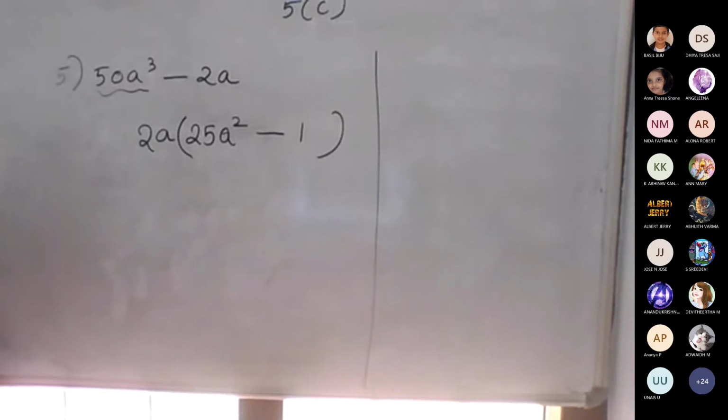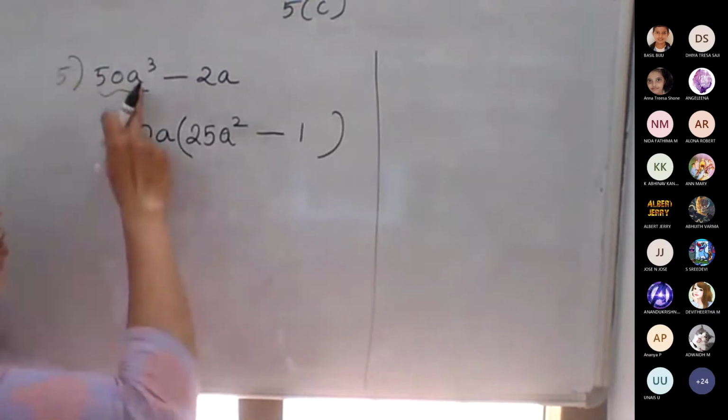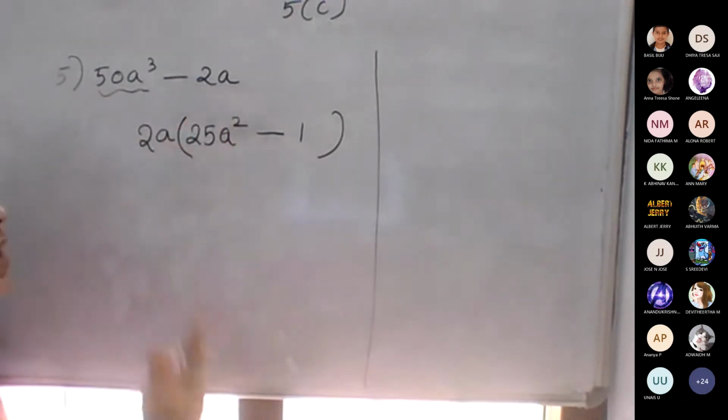While you are studying, you have to know why we are taking all these things and how we are applying this, otherwise so many confusions will be there. We only have the formula a square minus b square, so we don't have a formula with a cube. So we have to adjust our question into the a square minus b square form.